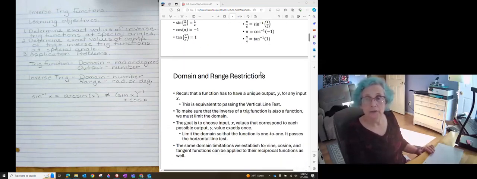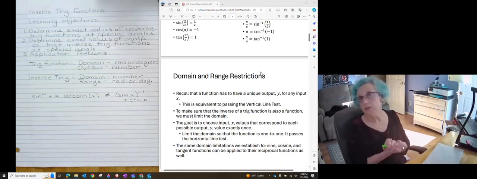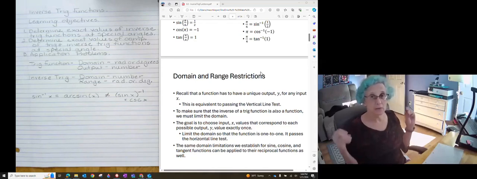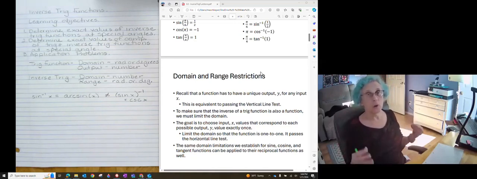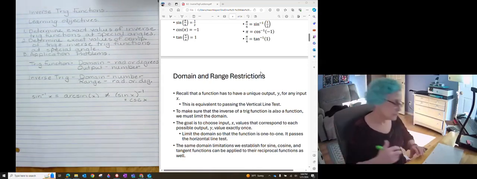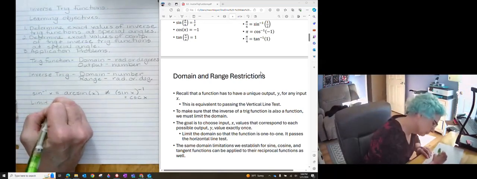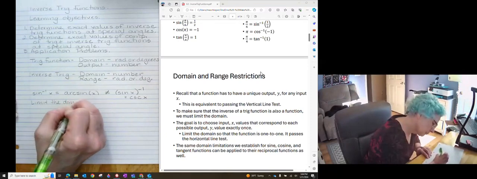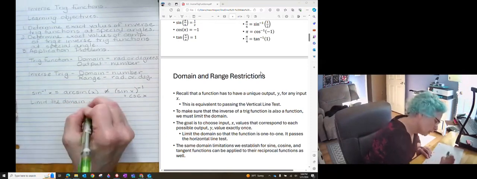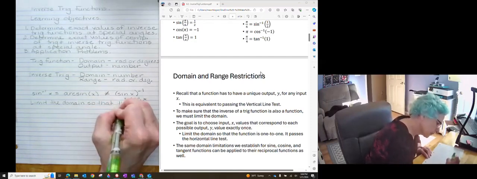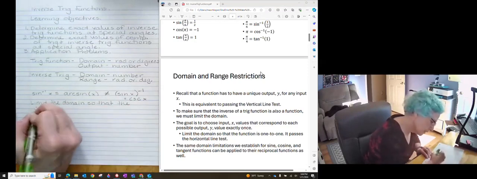Now, hopefully you took a few minutes to review inverse functions. Only one-to-one functions have inverses that are functions, and we really want inverse sine to be a function, so we have to limit the domain. We limit the domain so that the trig functions are one-to-one.